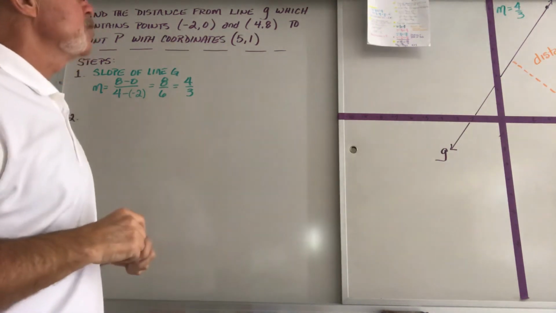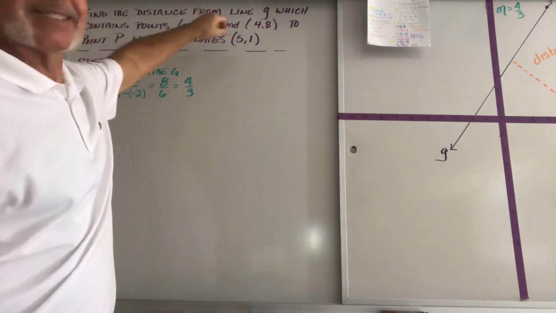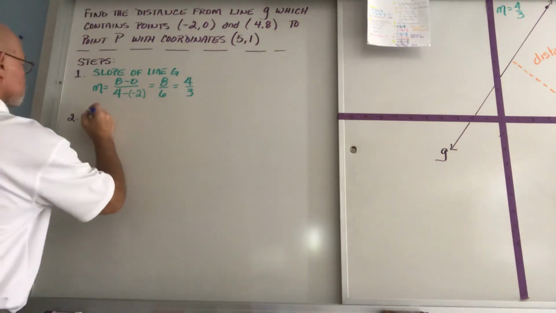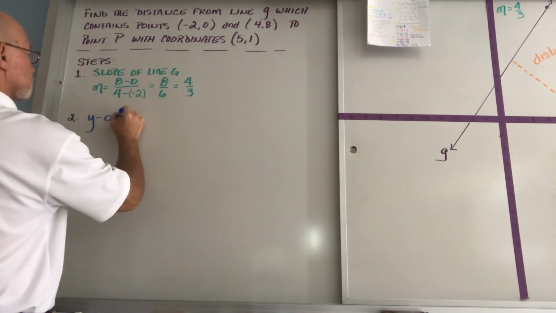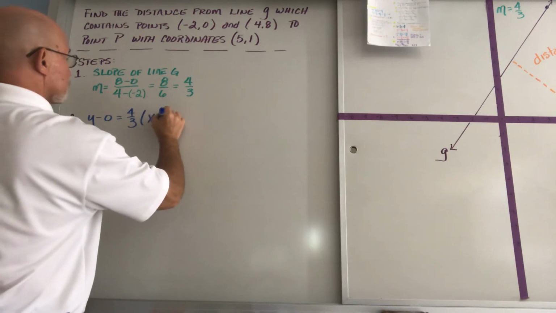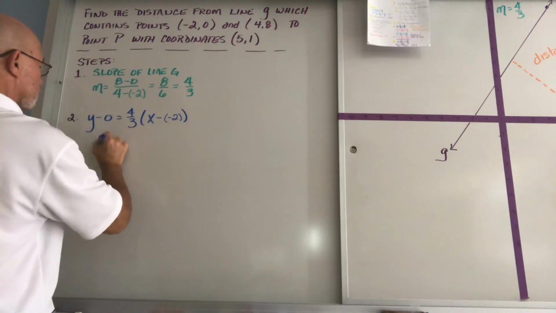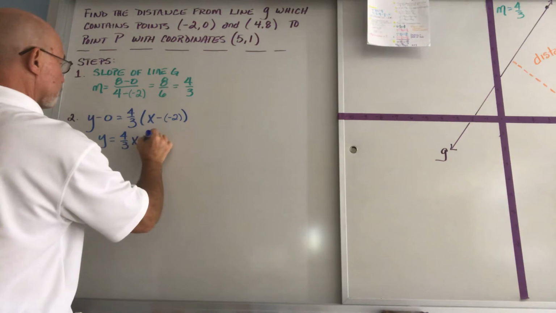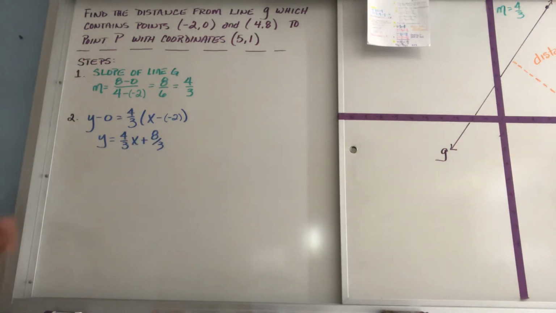Okay, for that we're going to use this point right here. Okay? Because it's got a 0 in it. Okay?